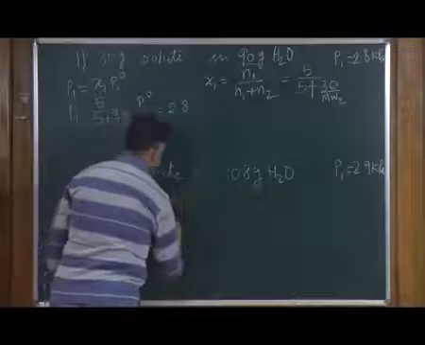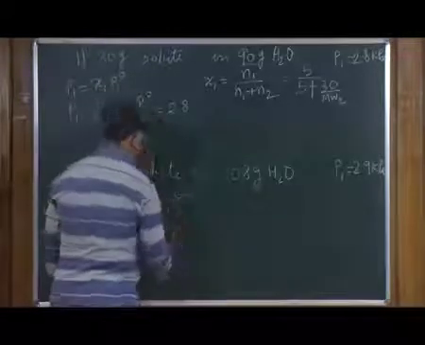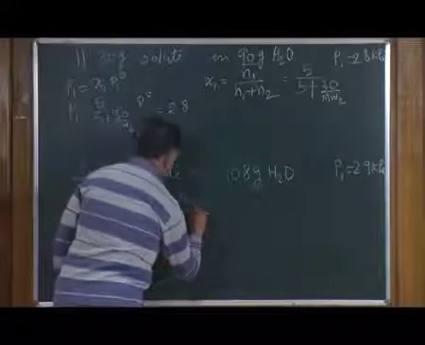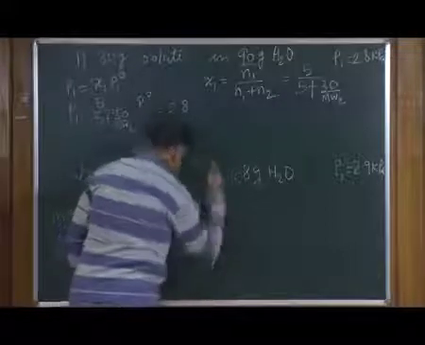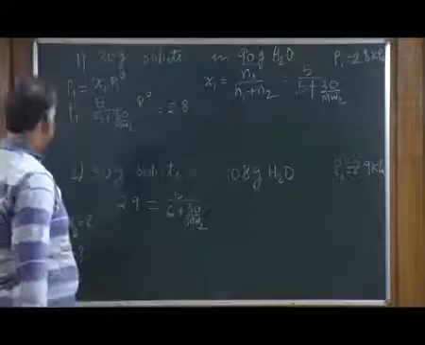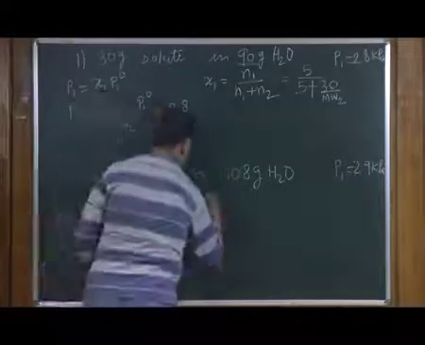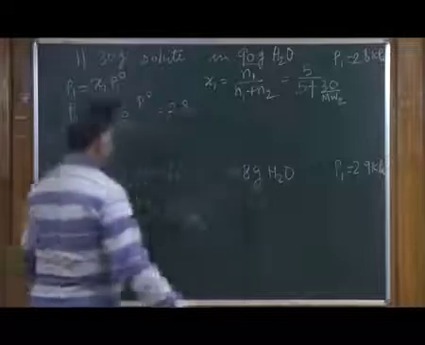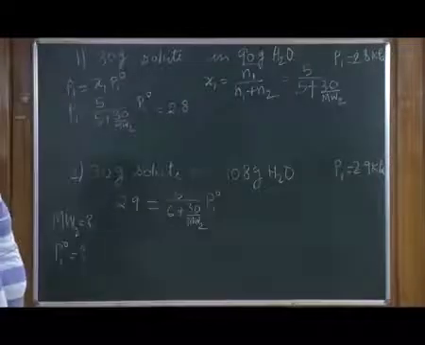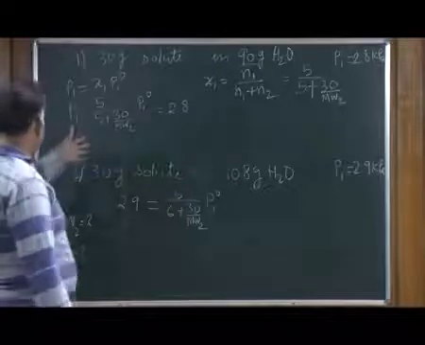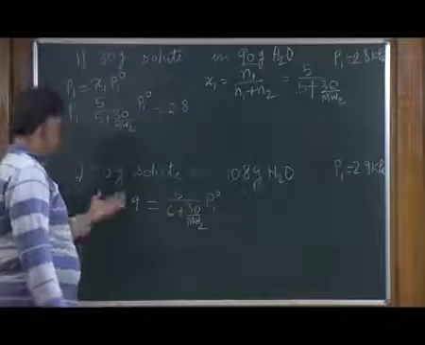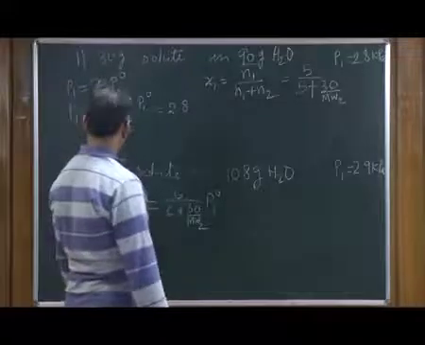So, x1 is going to be 6 divided by 6 plus 30 by molecular weight of solute, multiplied by P1 0. So, we have 2 equations and 2 unknowns. Simply divide equation 1 by equation 2 to remove one of the unknowns.